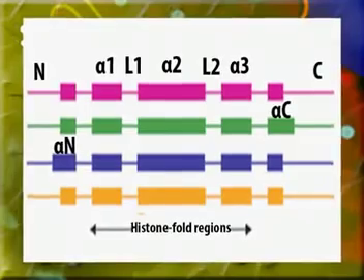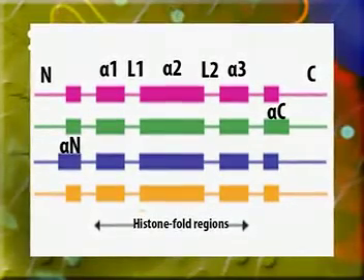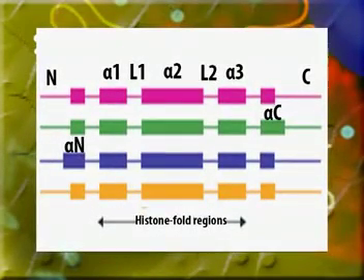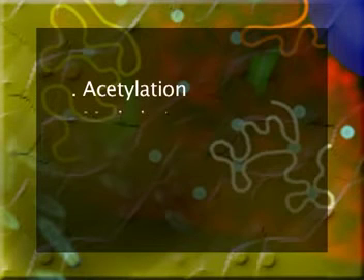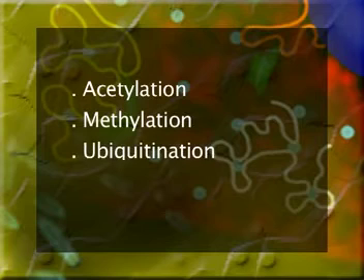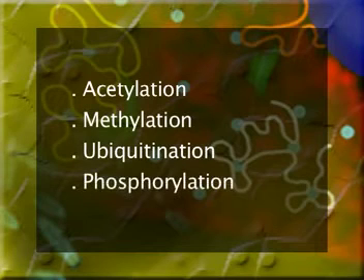The flexible tails of the core histones interact with DNA via the minor groove. The histone tails are the major targets for post-translational modifications such as acetylation, methylation, ubiquitination, and phosphorylation, and so are the key arbiters of chromatin function.